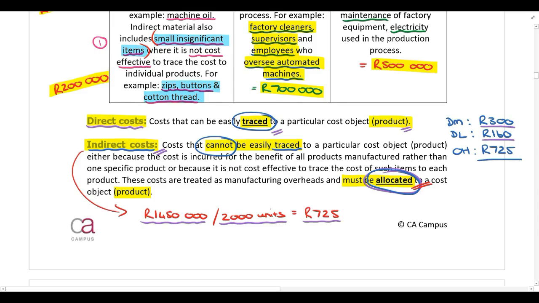So that gives me a total cost of 1,185 Rand per unit. So please make sure that you understand the difference between a direct cost, which we can trace to a particular product, and an indirect cost, which we can't trace, and we then need to allocate.